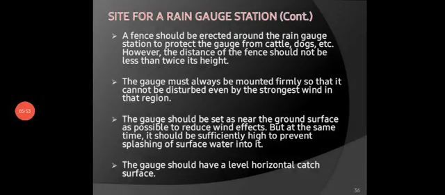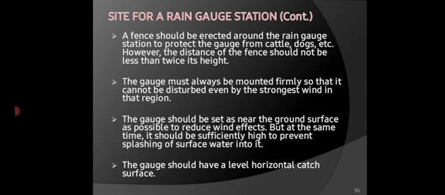A fence should be erected around the rain gauge station to protect the gauge from cattle, dogs, etc. The gauge should always be mounted firmly so that it cannot be disturbed even by the strongest wind.